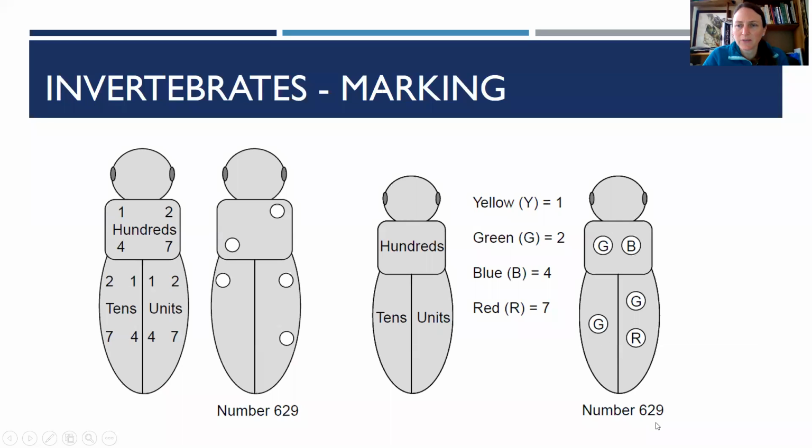Then a green dot here for the 20, and a green plus a red to give us 9, 629. So using this color method, you can also get 999 insects marked. So really pretty cool. And then you'd use mark and recapture methods to determine total population sizes. All right, that's the end.